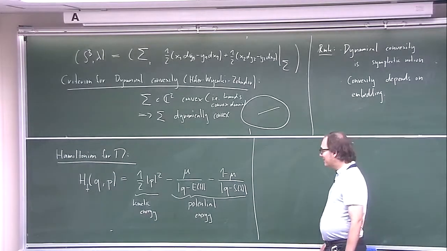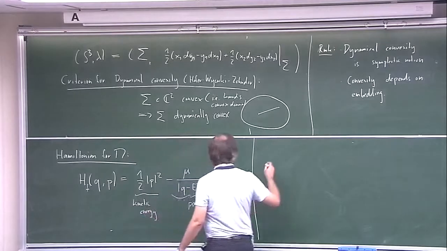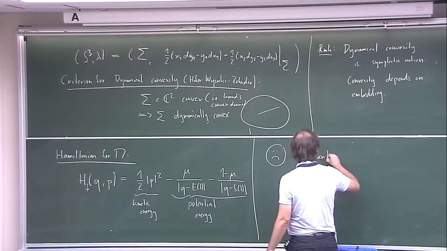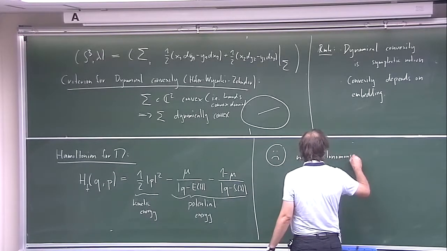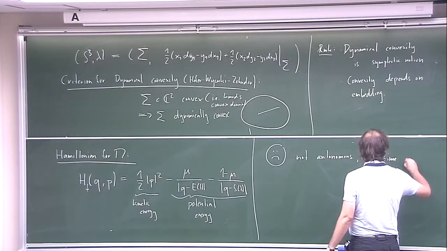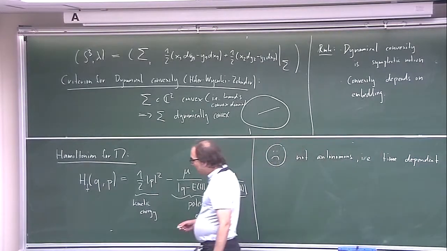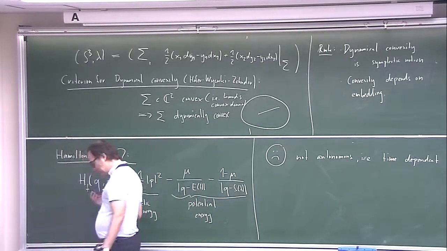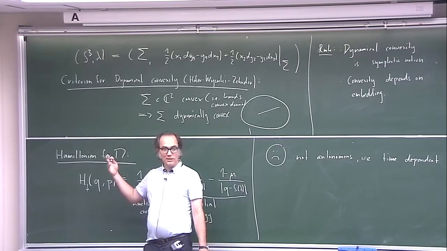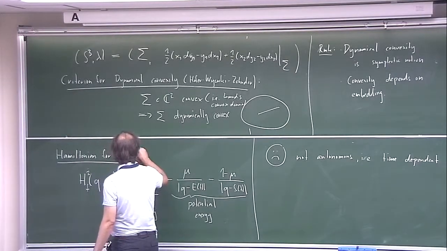So it is what we call not autonomous, i.e., time dependent. This is bad. And this Hamiltonian is actually the Hamiltonian in the inertial system, also called by astronomers the sidereal system, so with respect to the stars.